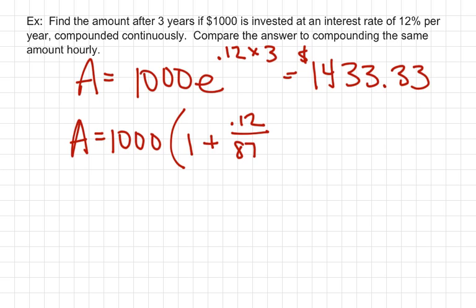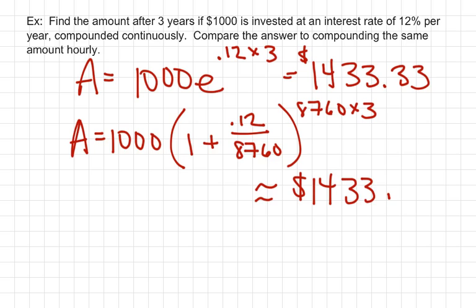That would be 8,760 hours, raised to the 8,760 times 3. If you plug this into your calculator, what you end up finding out is that you end up with the same amount of money. Compounding hourly is very close to compounding continuously.